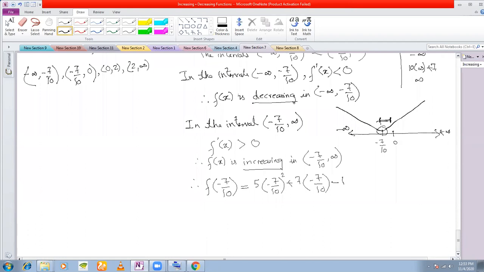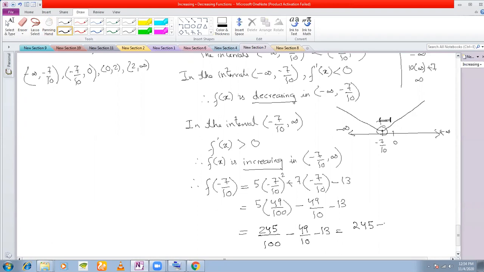Now I can put it here: 5 into 49 by 100, and then minus 49 by 10, minus 13. So what do you get here? 49 into 5 is how much? 245. So 245 by 100 minus 49 by 10 minus 13.